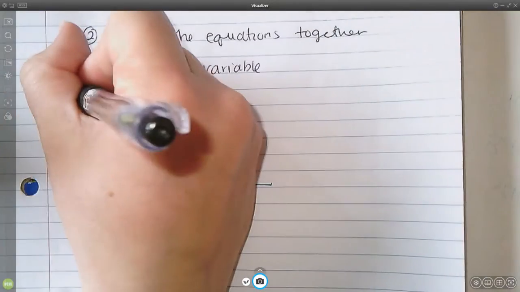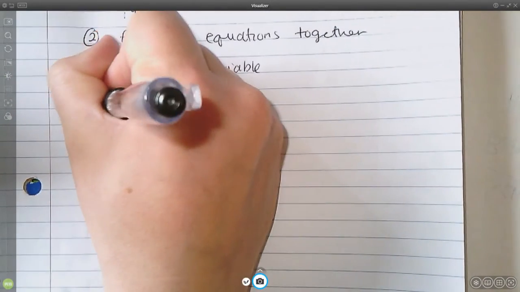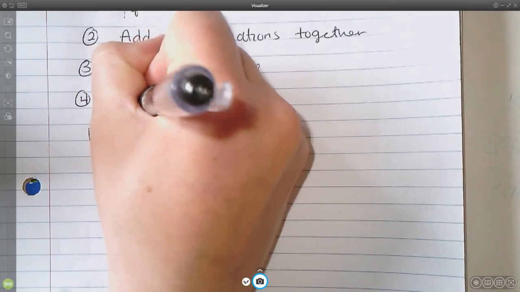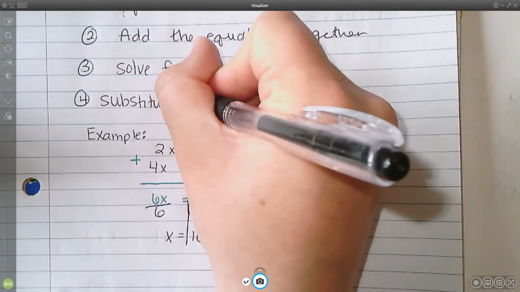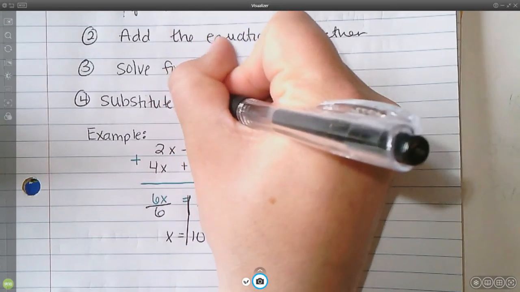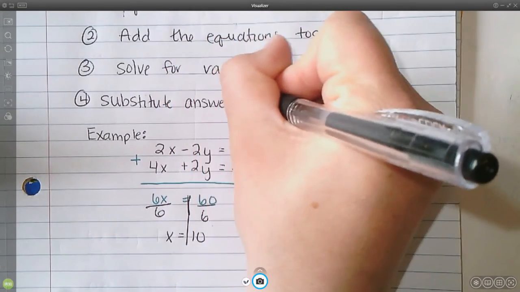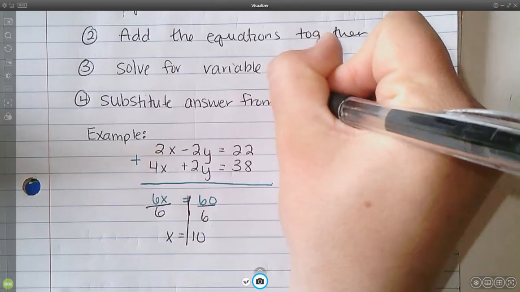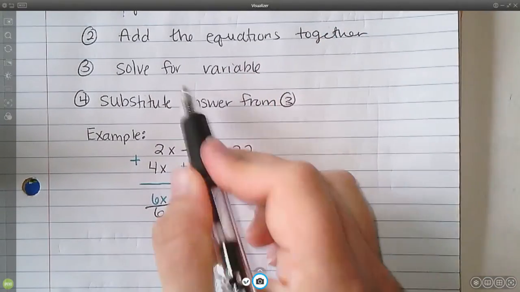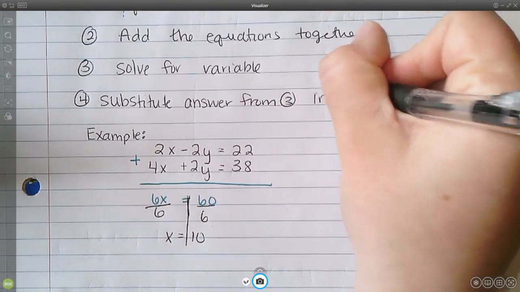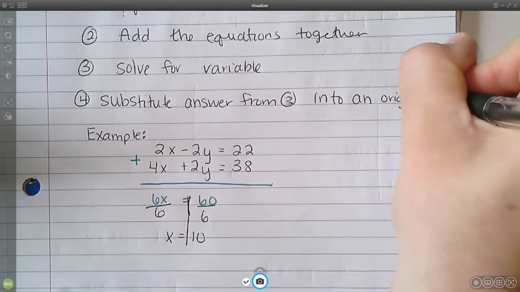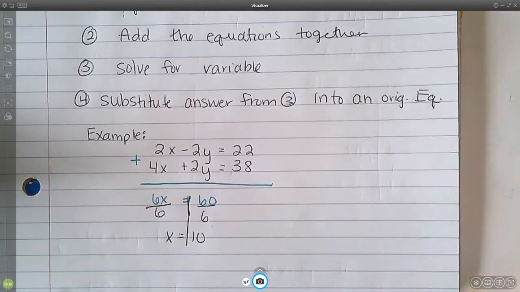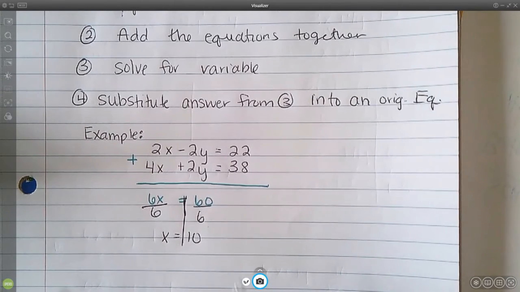Step 4 is going to be substitute answer from 3. So substitute your answer from step 3 into an original equation.